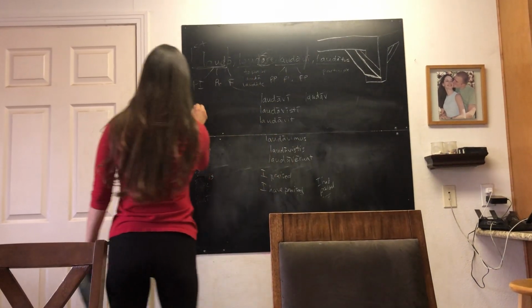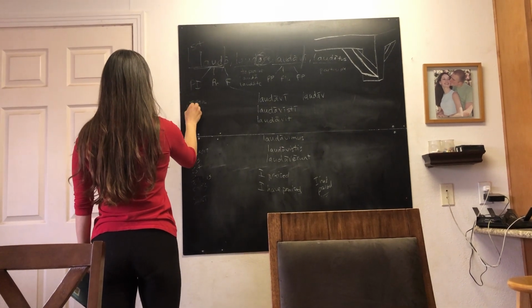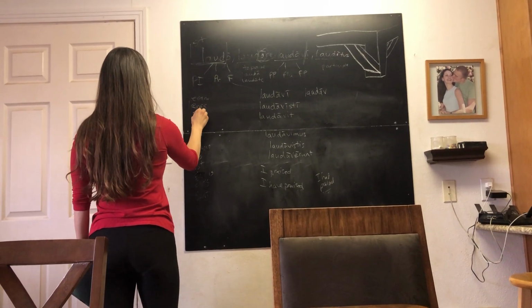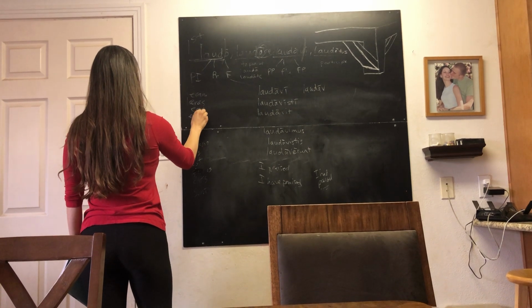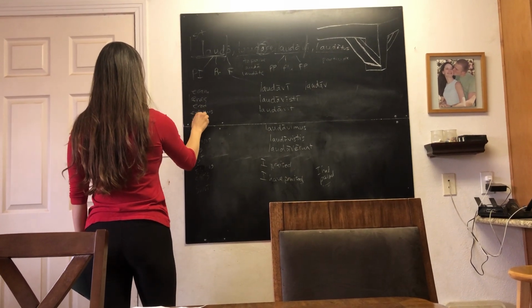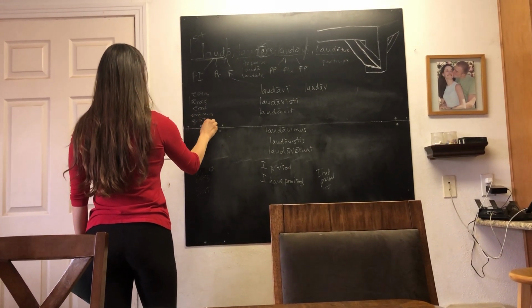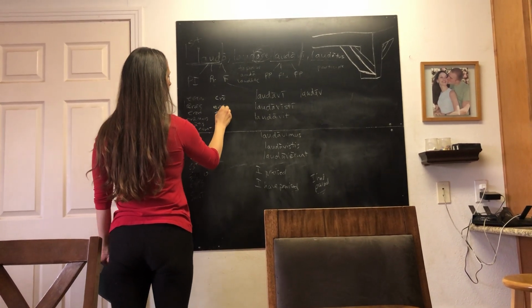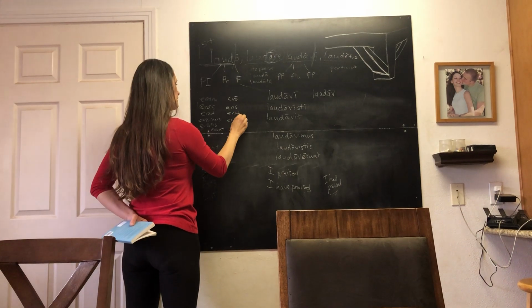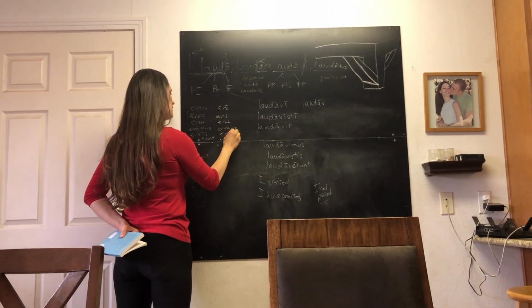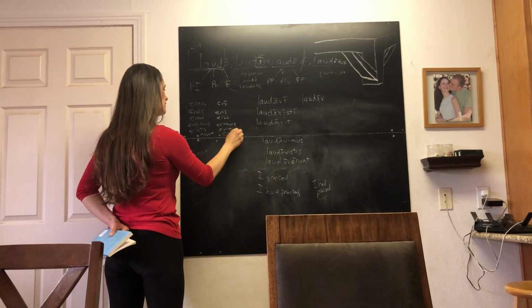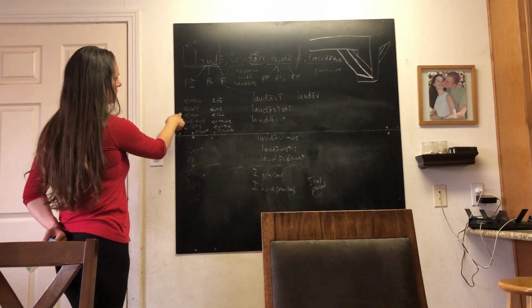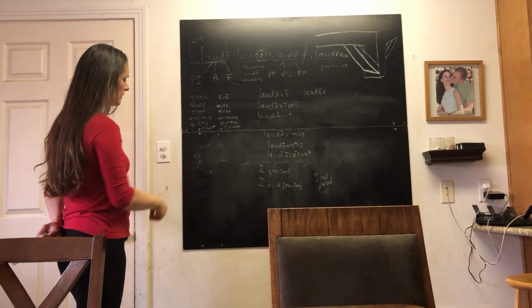The past tense is eram, eras, erat, eramus, eratis, erant. And the future is ero, eris, erit, erimus, eritis, erunt. So I was, you were, he, she, it was, etc.